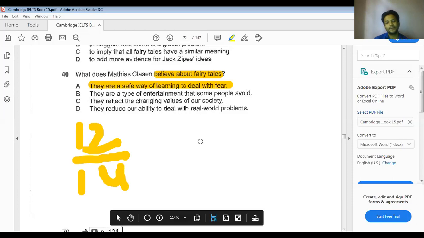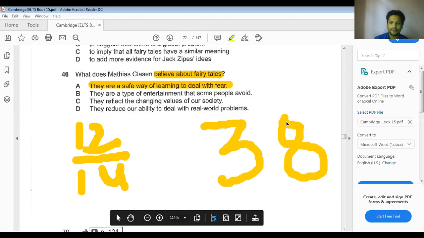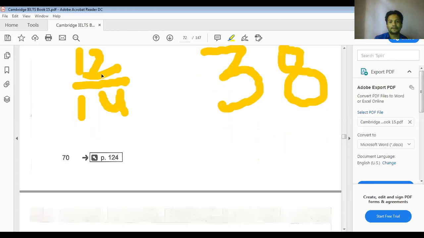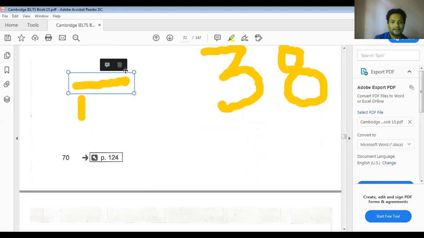Altogether, our score in this whole test is 38, and we have got the band score 8.5. Remember, getting band 9 in IELTS is almost impossible.